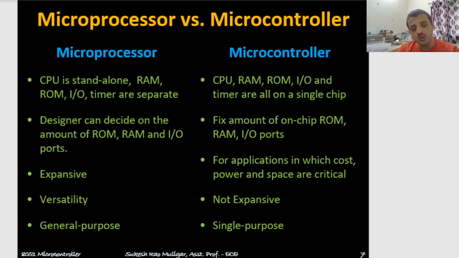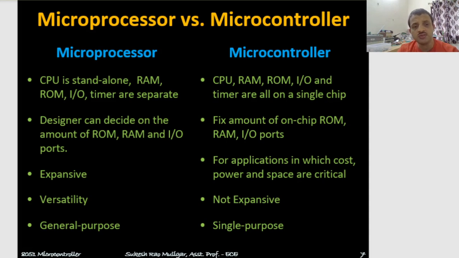To conclude in a simpler way, what is the difference between a processor and a microcontroller? As I mentioned, the processor is usually used in a place where huge data processing is needed, and a controller is used where a minimal amount of data processing is required and the system is not very complicated.